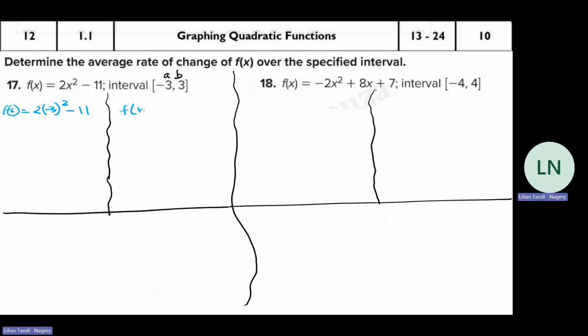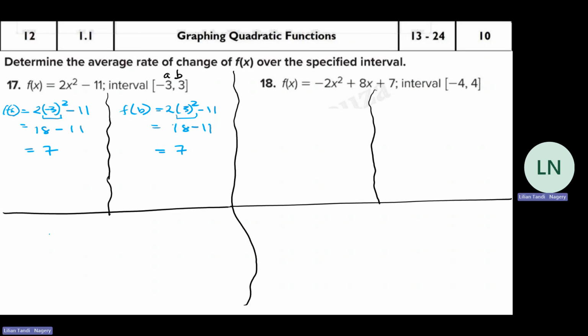Then f of B will be 2 times 3 squared minus 11. This is 9. So that's 18 minus 11, which is 7. This is 9. 18 minus 11, which is also 7.